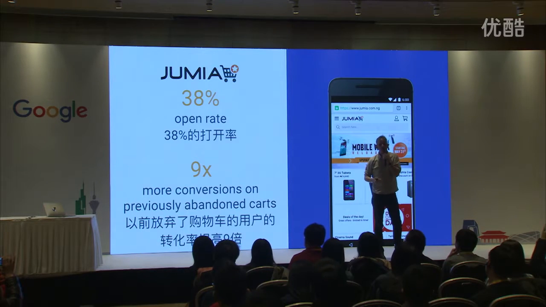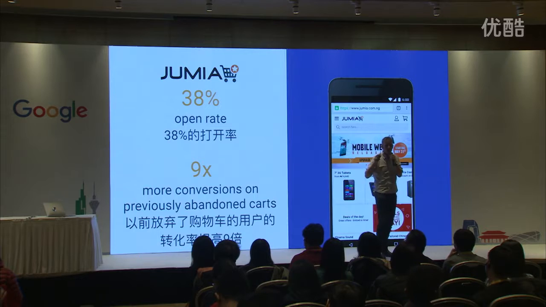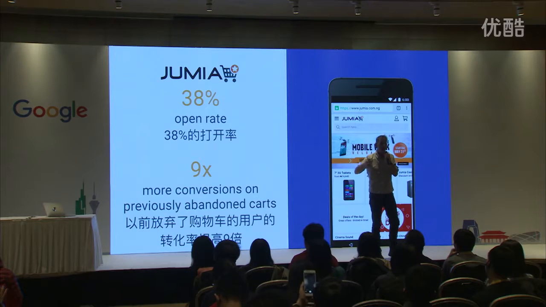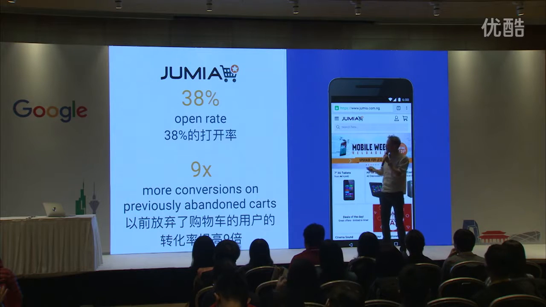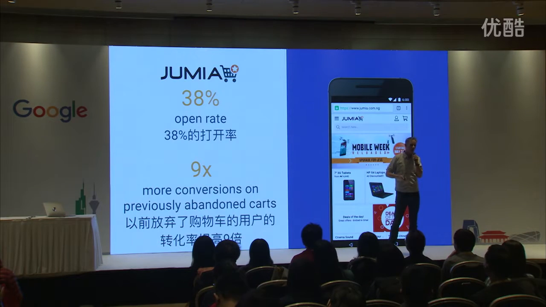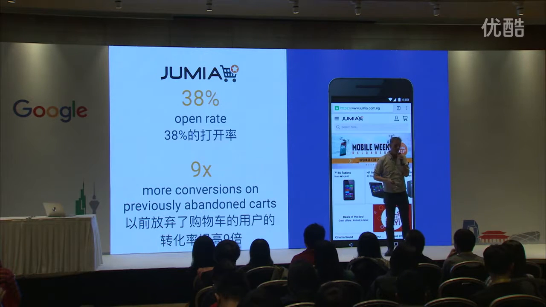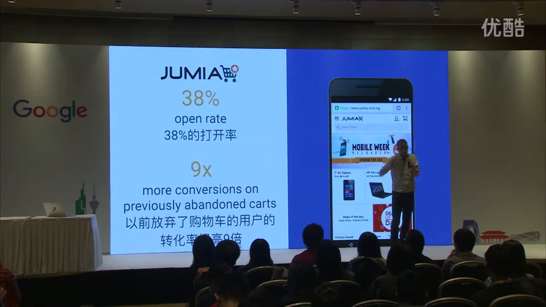In general, what we're finding with push notifications is that you get a really high engagement level. They're great for provoking action in the user, for getting the user to do something. In lots of different scenarios, we're finding the same effect. Not just for Jumia, but for them, it meant a really big deal in terms of their business.